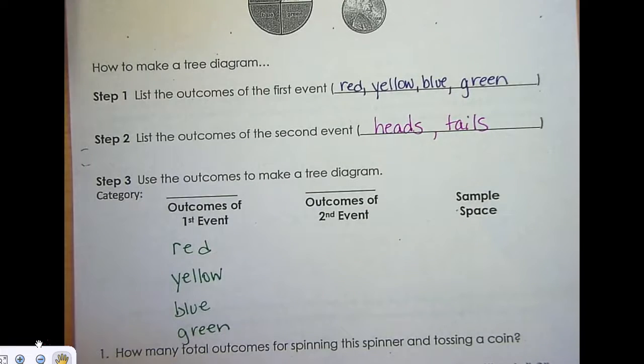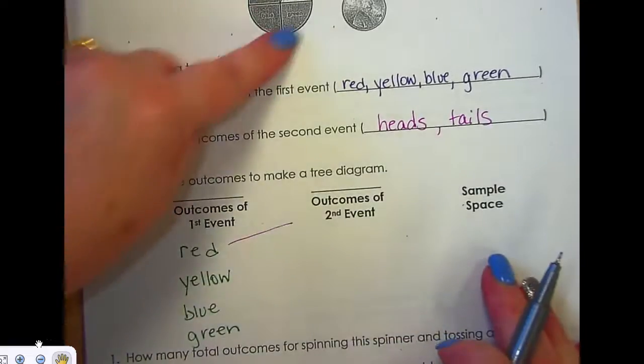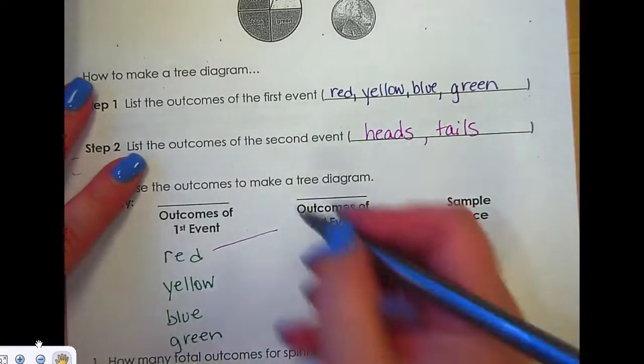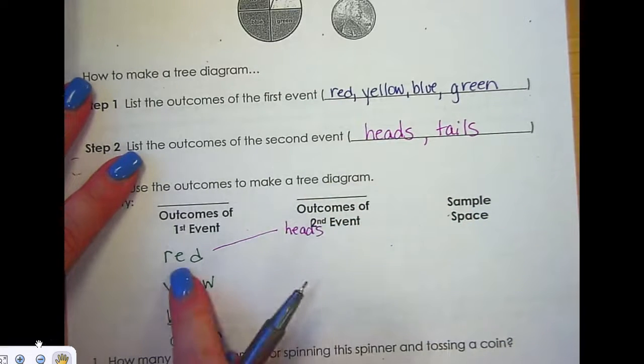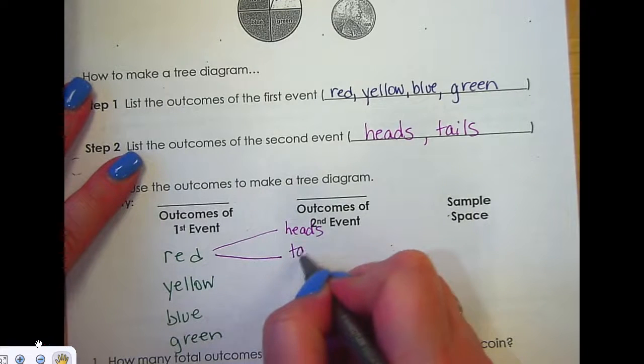So then the outcomes of the second event. So if I spin this spinner and it lands on red, then I flip the coin, the 2 possible outcomes are heads. Or if I spin it and get red, the next outcome is tails.